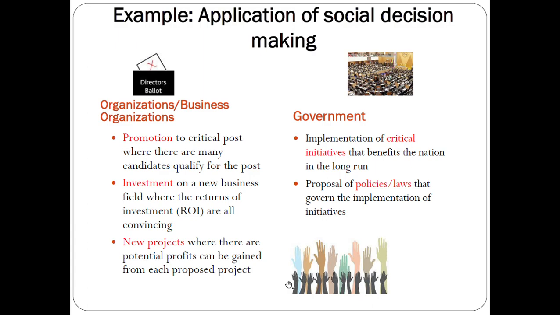Okay, so these are examples of application of social decision making, for example in directed ballots. Okay, for organization or business organization: promotion to critical posts where there are many qualified candidates for the post; investment in new business fields where the returns on investment are all convincing; new projects where potential profit can be gained from each proposed project.